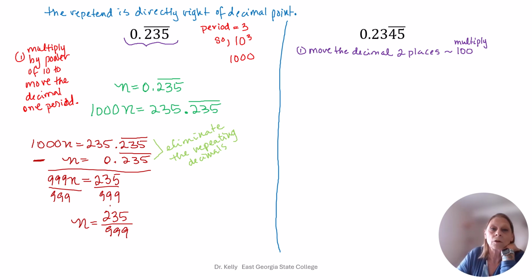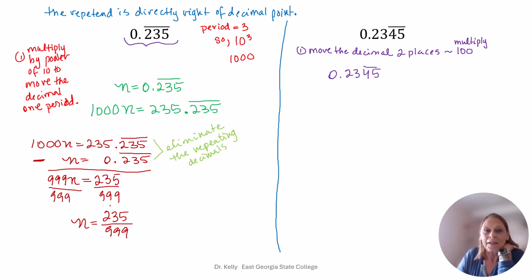So we're going to start off with 0.2345 here. Make sure I'm writing this out the right way. Oh, okay.